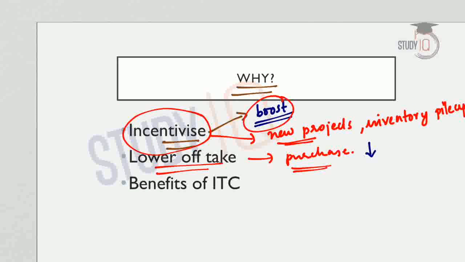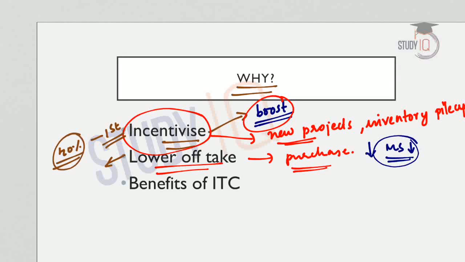So with lesser offtake, there was lesser money supply in the real estate sector, and with lesser money supply, it was difficult to carry out the operations or to undertake new projects. Now, according to certain statistics, about 40% of the offtake should happen in the first year of completion of a project. So this is the ideal percentage. 40% minimum should be sold during the first year of the completion of a project.